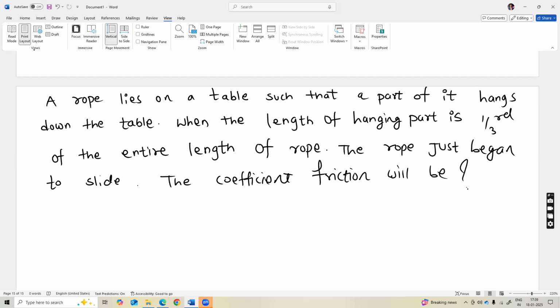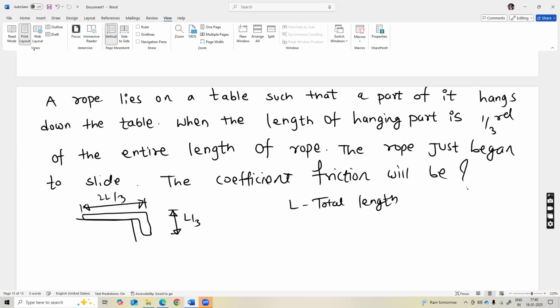Here also they have given the same kind of question. They have given a rope, and this is the hanging part. The length of the hanging part is one third of the entire length of the rope. Let's say L is the total length of the rope. So the hanging part is L by 3, and the remaining length is 2L by 3.